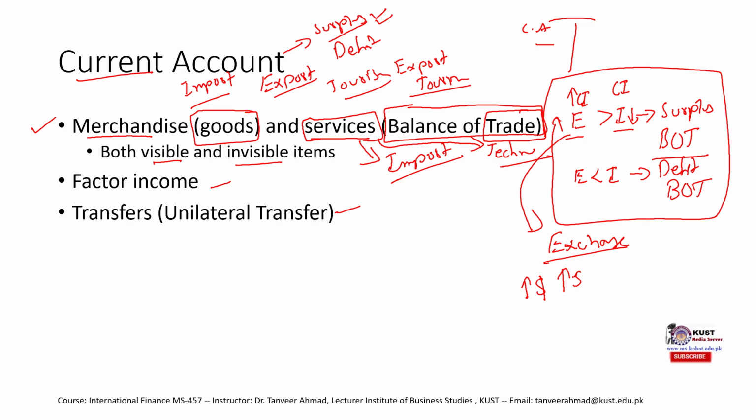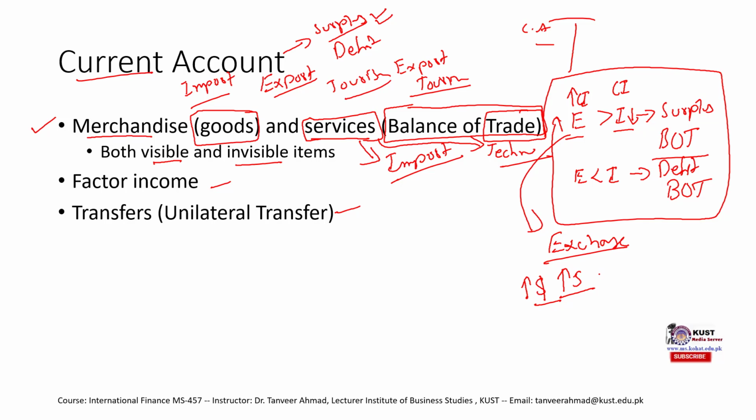Obviously this Pakistani firm exporting the products and getting the dollars, what would it do with the dollars? It would convert them into rupees. Why? Because it needs rupees to pay salaries and to run the other expenses.